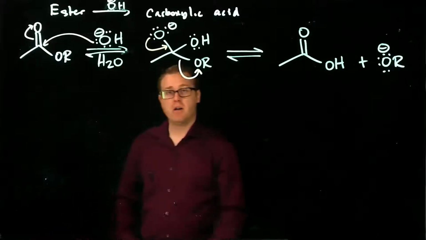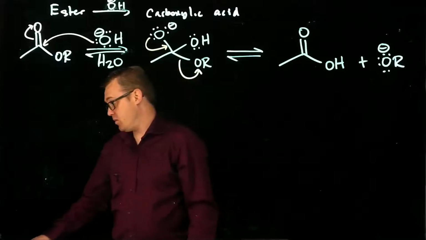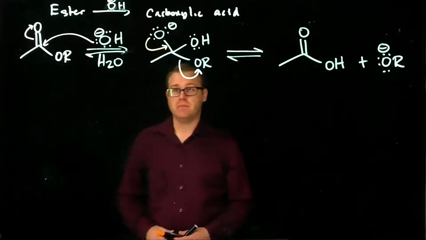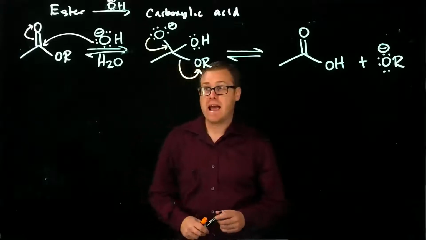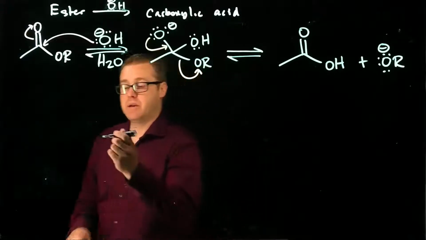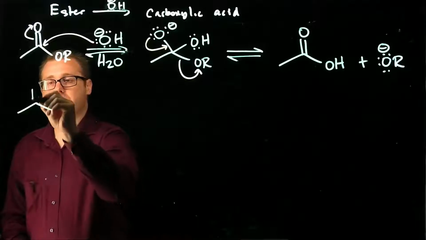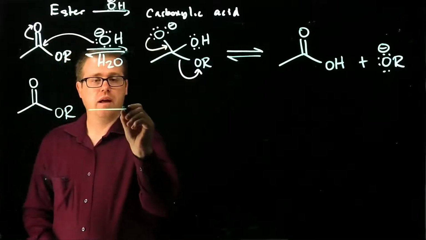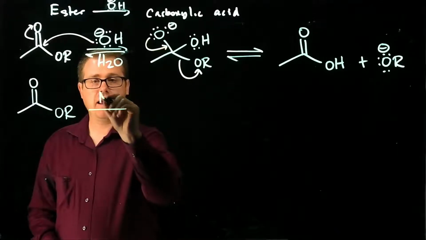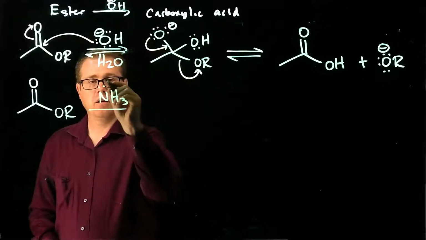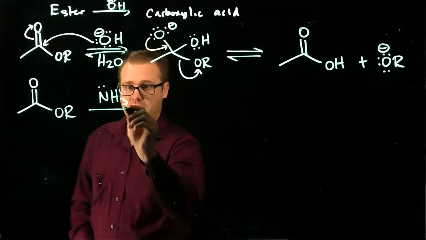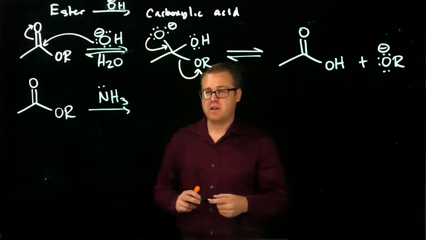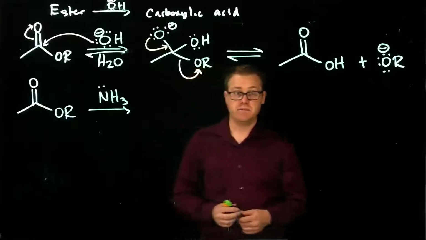So we can now also look at amines as well when they attack. So let's take a look at amines. So we could take an ester and treat it with an amine. And amines are really nucleophilic. And what are we going to get when we use that combination?